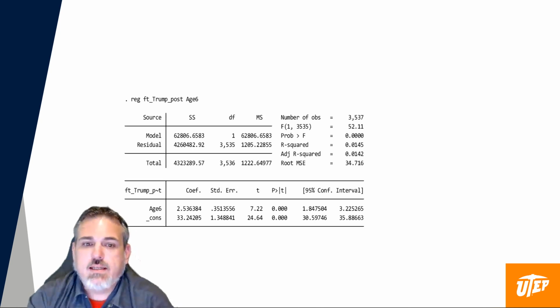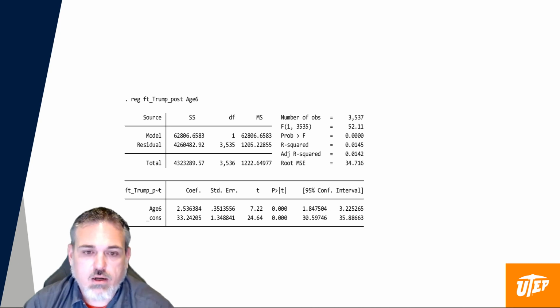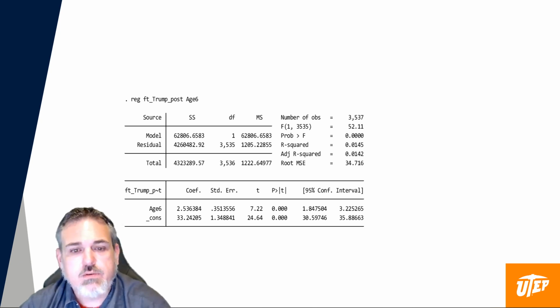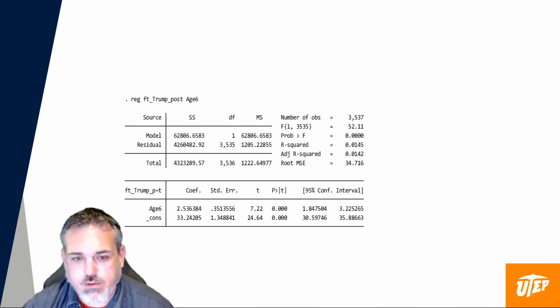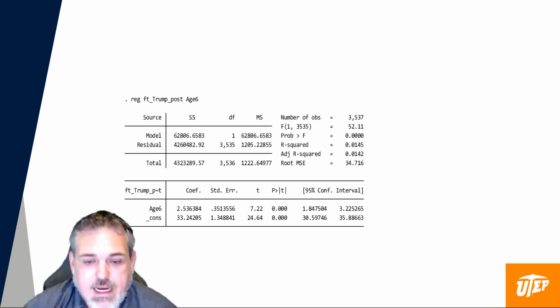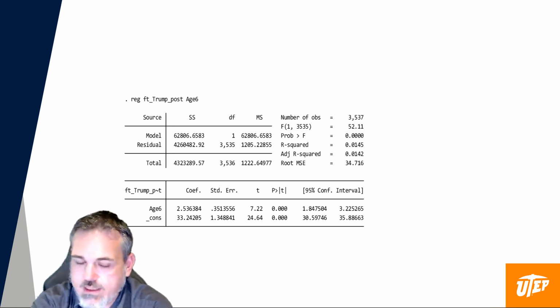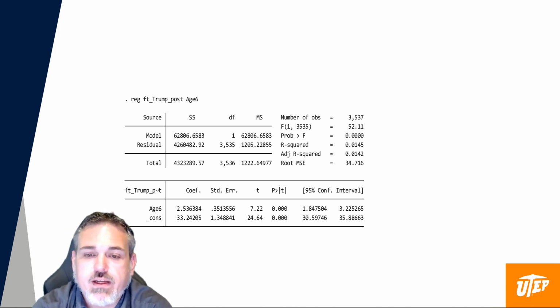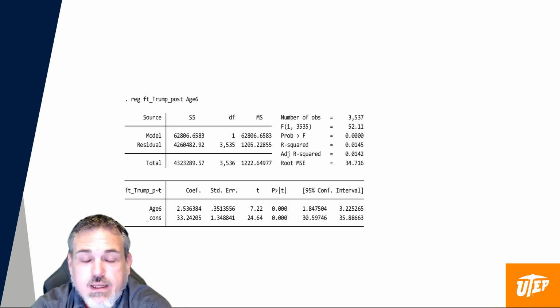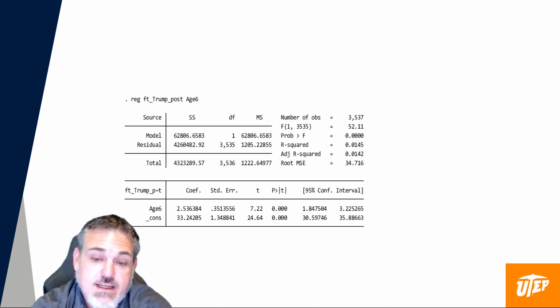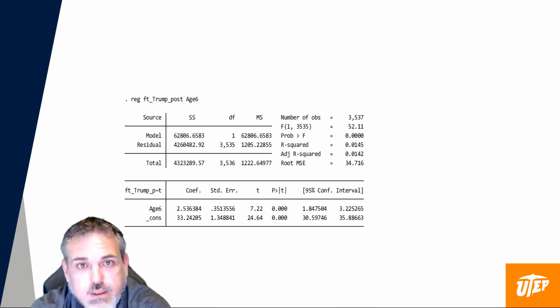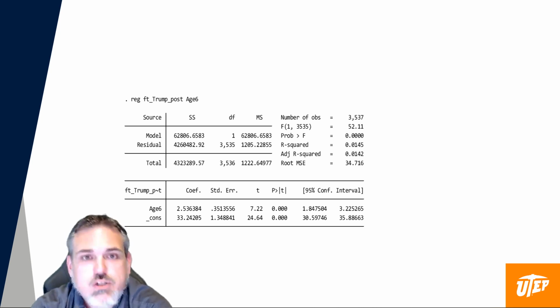So in this context, we're doing a regression predicting our dependent variable, that is feelings towards President Trump, measured 0 to 100, on age. And as you can see here, the age variable is significant. The way that you can tell that the age variable is statistically significant is if you look at T. If T is greater than 1.96, that variable is significant. In this context, that is 7.22, which is much greater than 1.96.